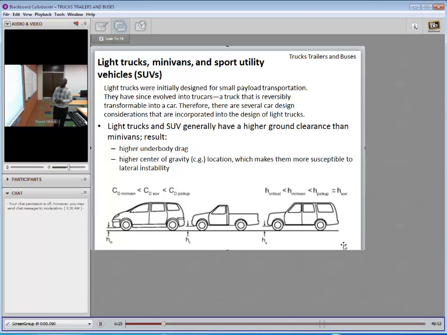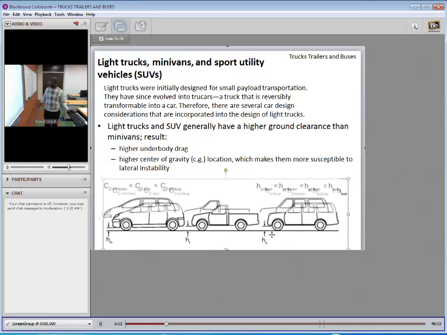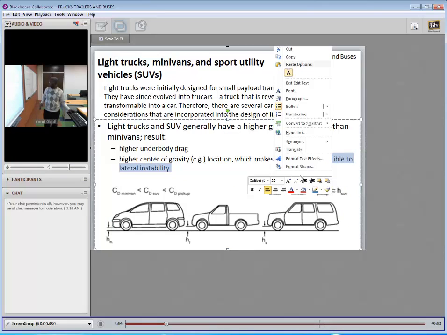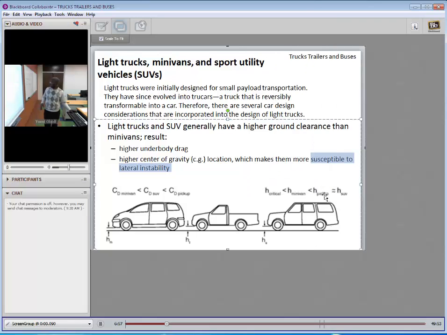So in this case, this being the minivan, this H, the height of the underbody to the ground, we call it H sub m for the minivan, is generally lower than that for the light truck. And the ones for the light truck and for the SUV are usually about the same. So you have H pickup is more or less equal to H SUV.